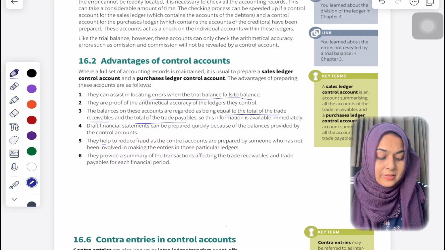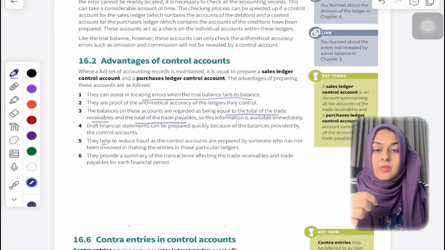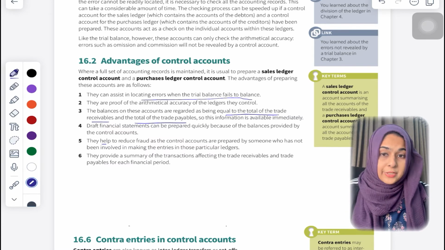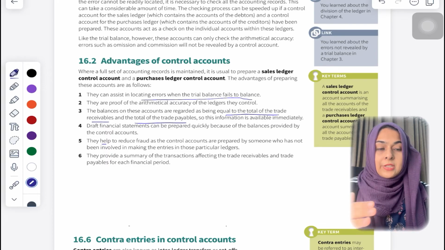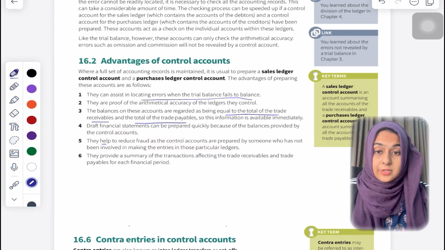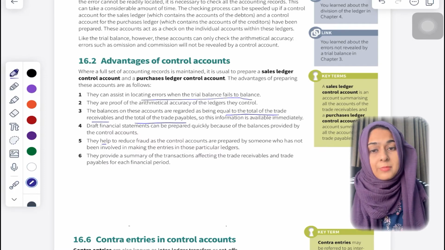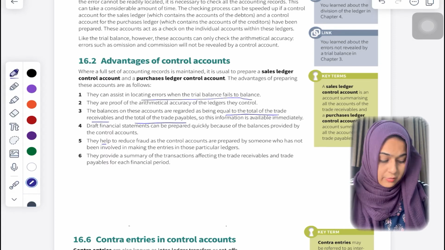They provide a summary of transactions affecting the trade receivables and trade payables. So you get all the transactions done with the trade receivables in a particular period. If it's a monthly control account, you get all the transactions related to your trade receivables in a particular month. The same goes for trade payables, because the purchases ledger control account is a total trade payables account.